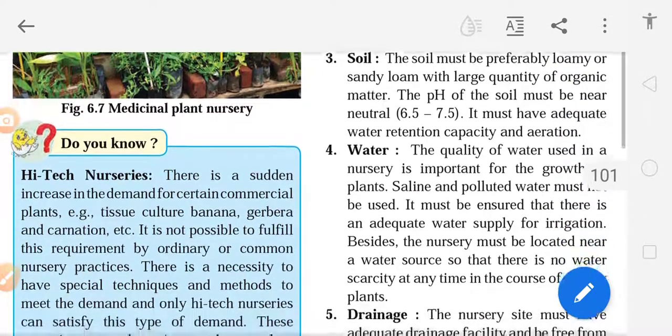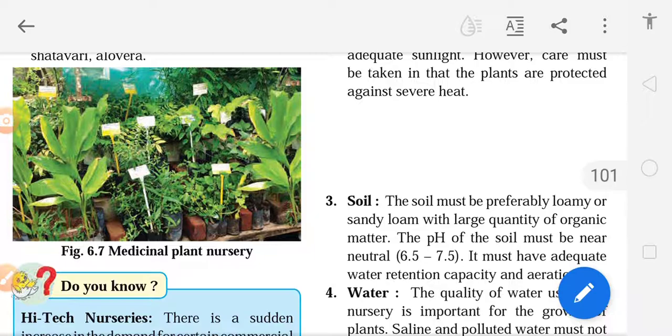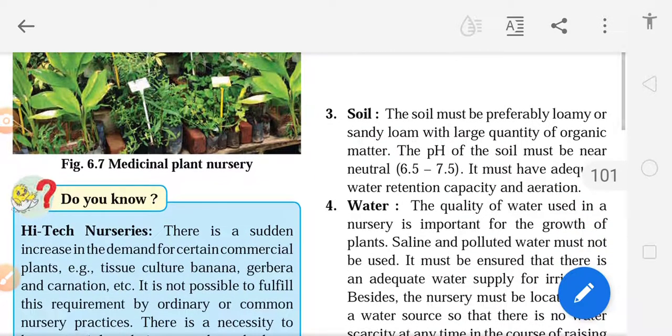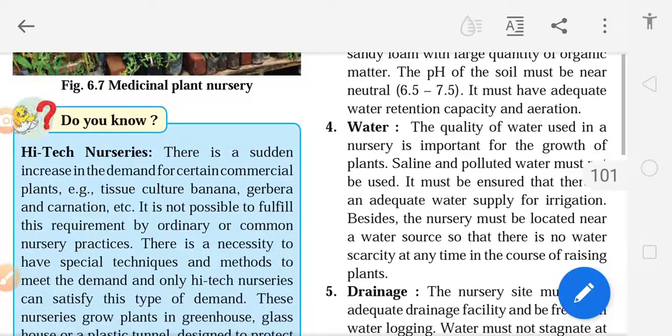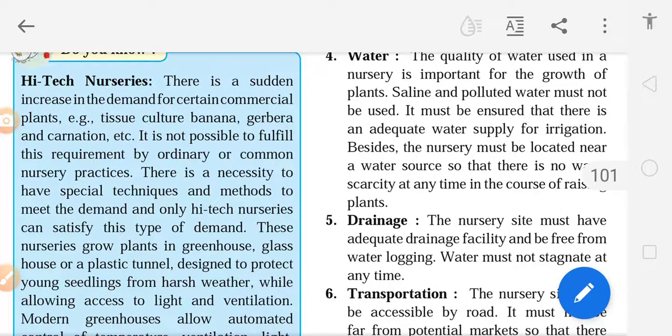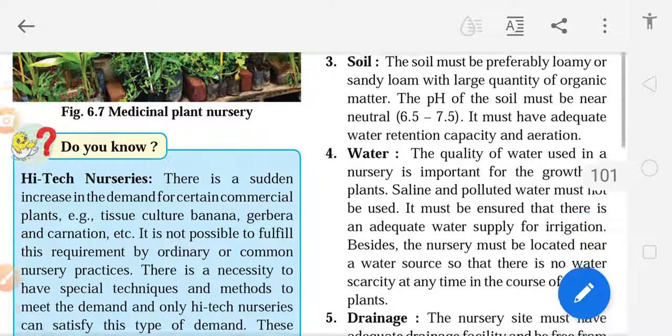So we have studied the fruit nursery, flower nursery, vegetable nursery, ornamental plant nursery, medicinal plant nursery. So likewise there are different kinds of nurseries.